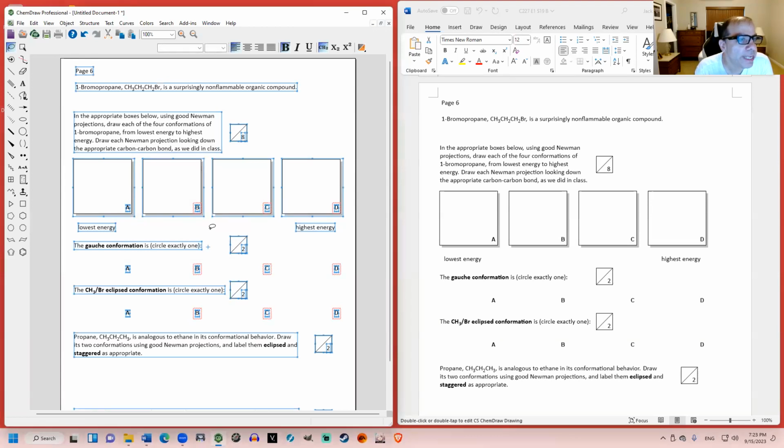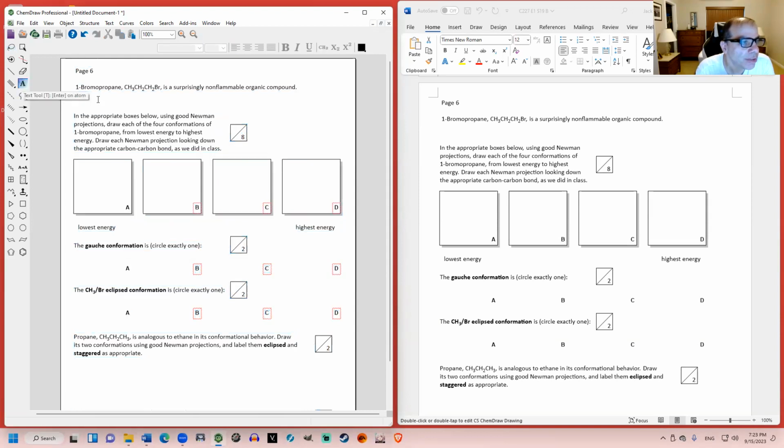So 1-bromopropane. This is really just like butane, only instead of a CH3, you've got a bromine. And here we go with Newman projections again. So the lowest energy Newman projection is going to have the bromine and the methyl group on the ends. The way you know is, remember, the two CH2s are going to be the two carbons represented by the circle in the Newman projection.